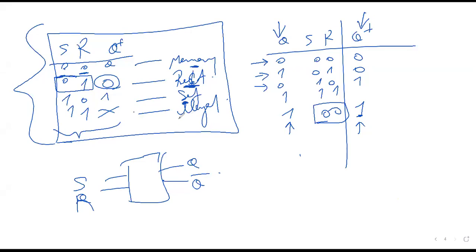For the set state, the output will always be equal to 1, whatever the input. And lastly, what will be the output here? The output is illegal. We don't have an output because we have 1, 1 here, which is illegal.